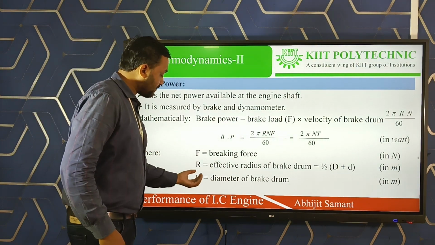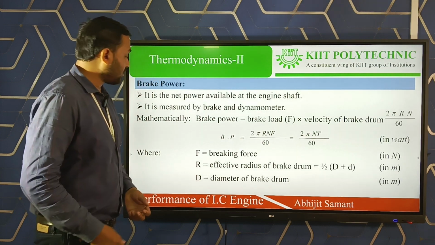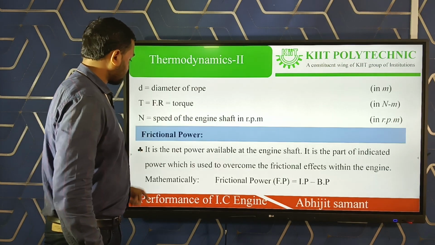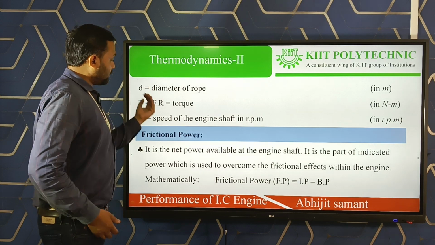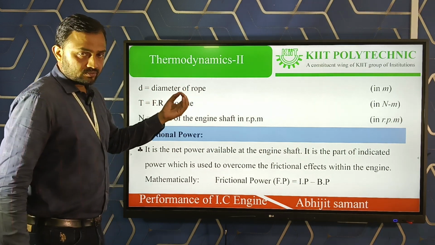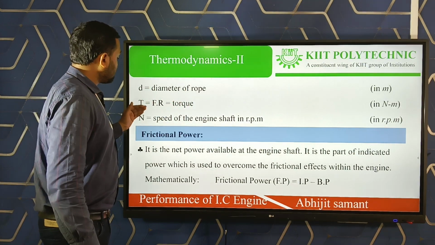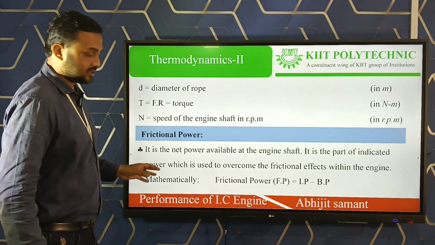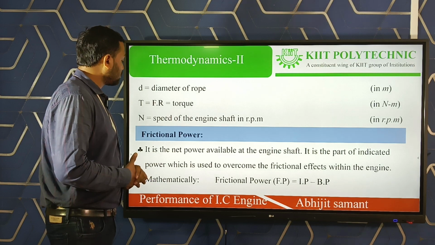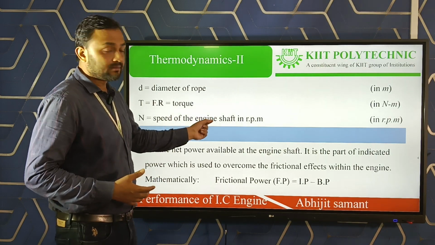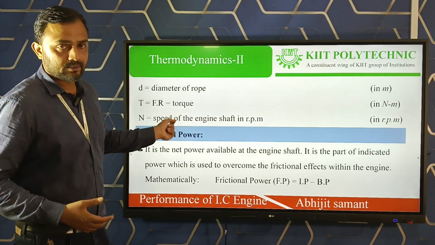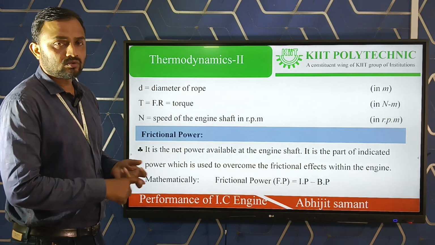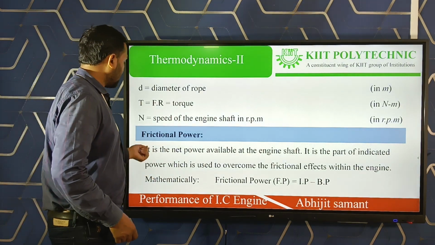Capital D is the diameter of the brake drum, and small d is the diameter of the rope. T is the torque, which is force multiplied by radius, and N is the speed of the engine shaft in RPM, which I have already told you in the previous slide.